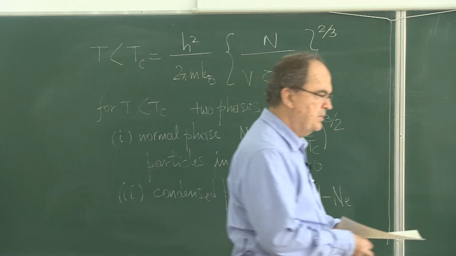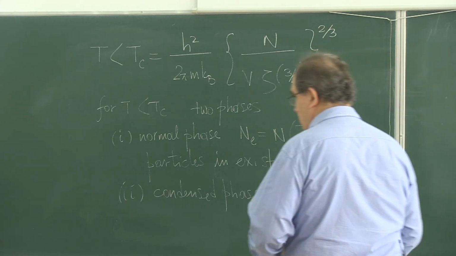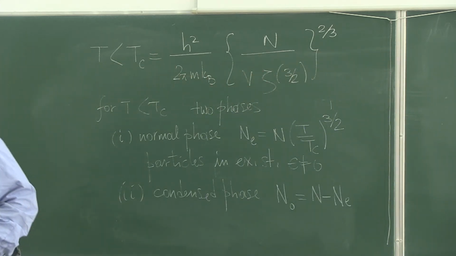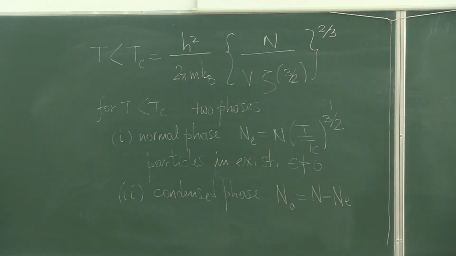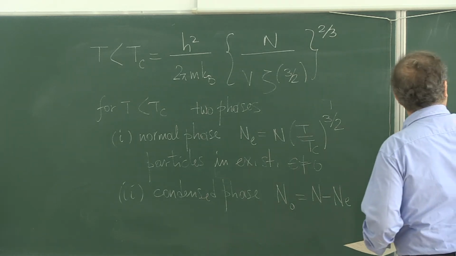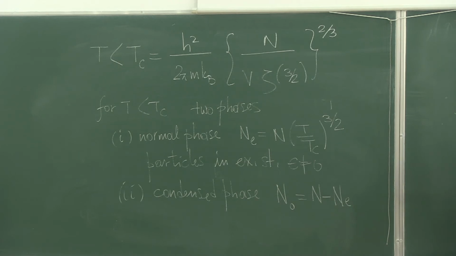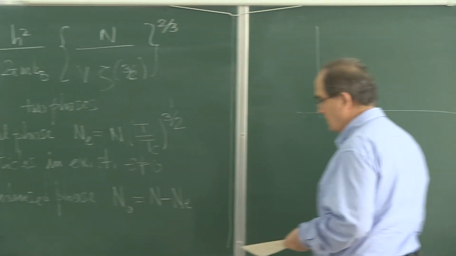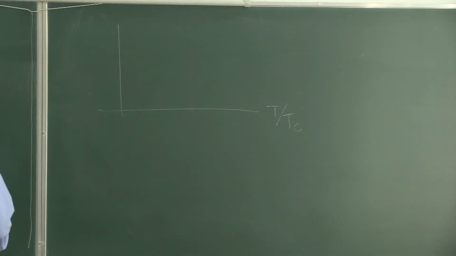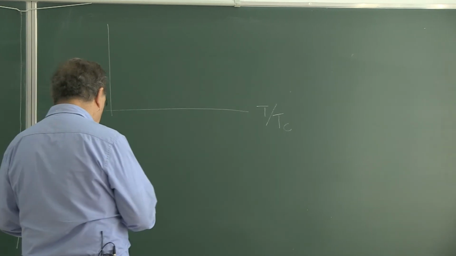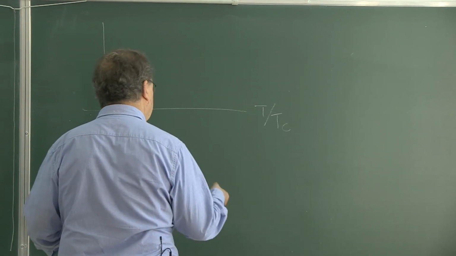And here's the picture showing these numbers, the number of particles in the two phases. It is like this. Temperature in terms of some critical temperature or characteristic temperature.